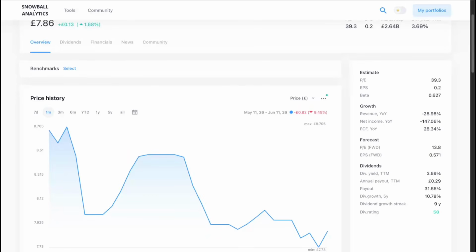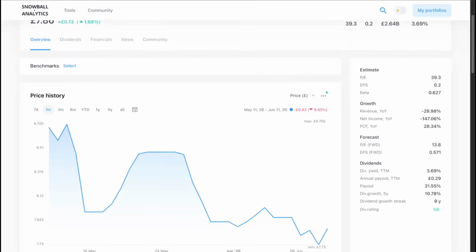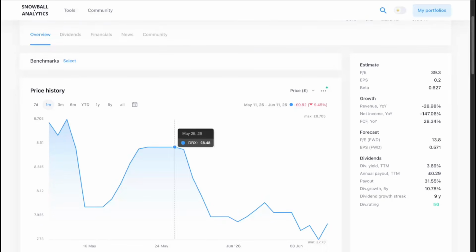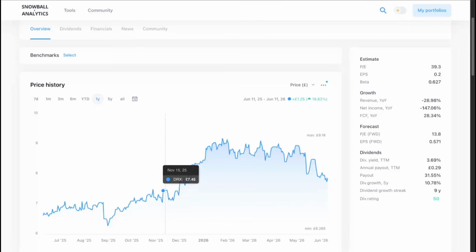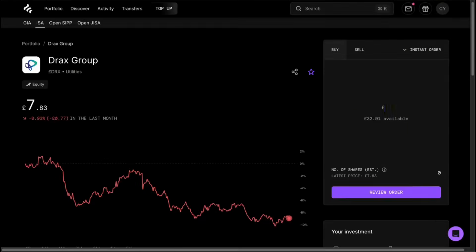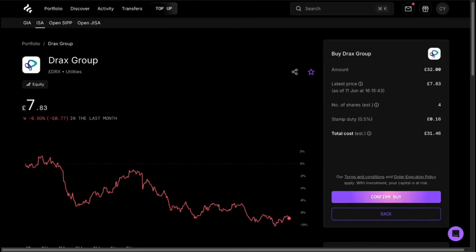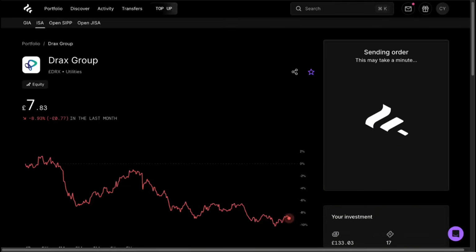They also have a relatively low payout ratio at just 31.55%, with a fantastic 5-year dividend growth rate at 10.78%, and they have a 9-year dividend growth streak. Even with the recent pullback, they're still up 18.82% over this past year. I've got £32.91 left, so I'm going to use £31.46 to buy 4 shares of Drax Group.